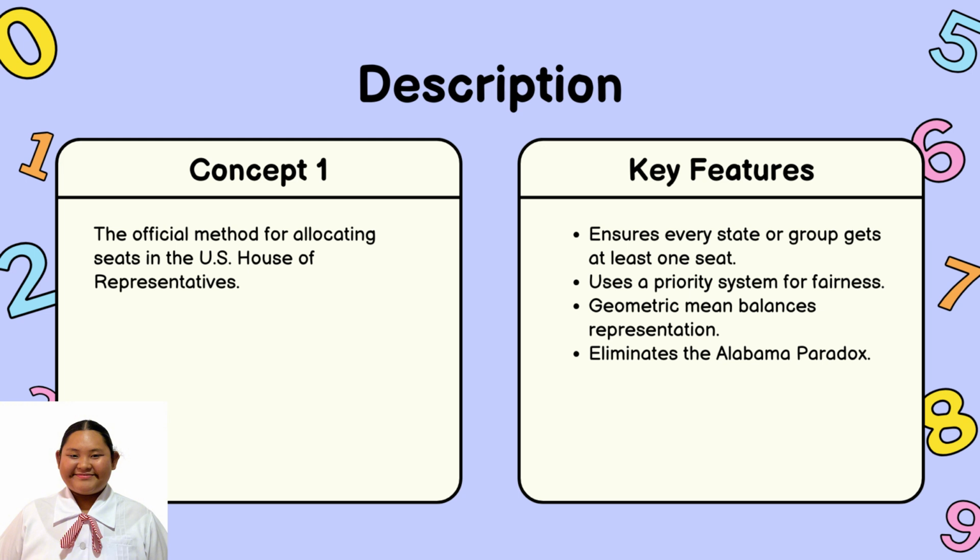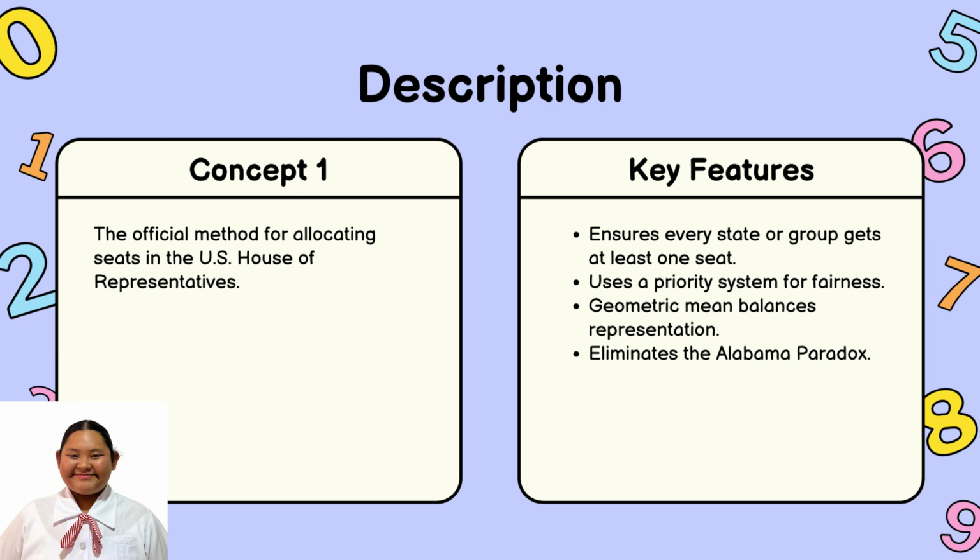The key features of the Huntington-Hill method are: it assigns at least one seat to every state or group. It uses a priority system to distribute the remaining seats fairly. It is based on the geometric mean, which helps balance representation between large and small states.